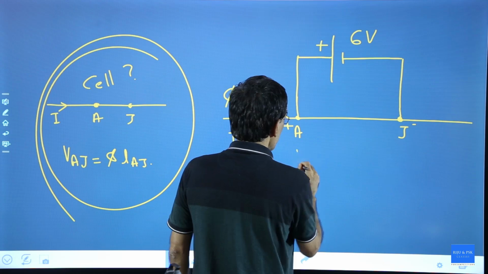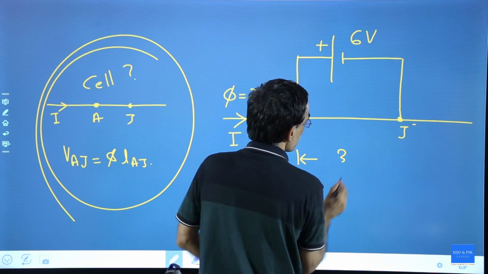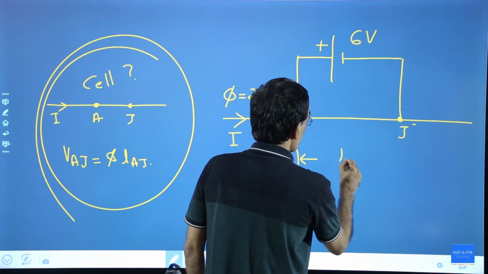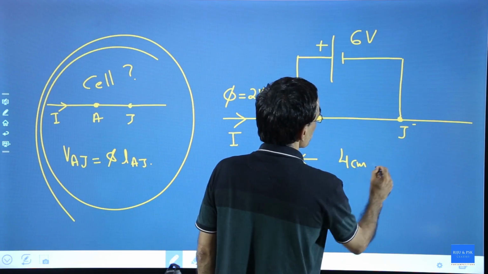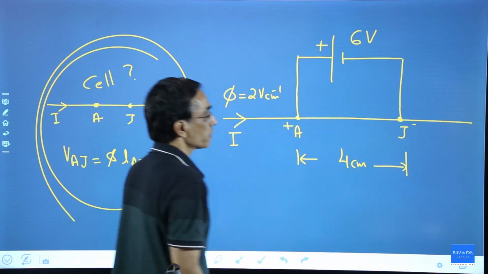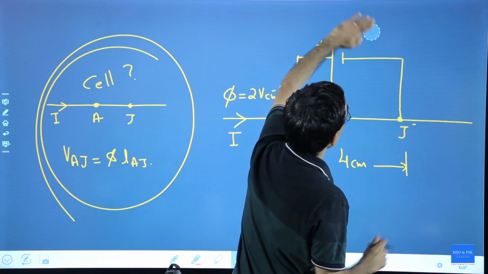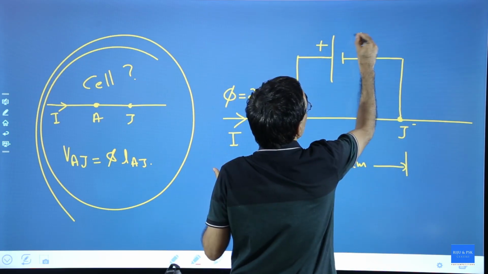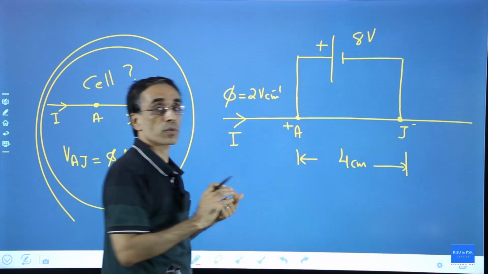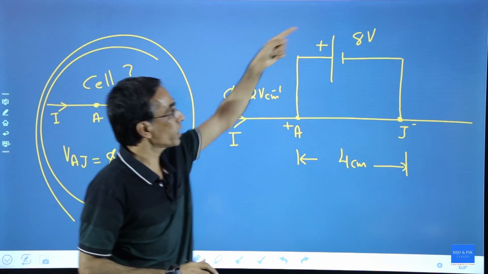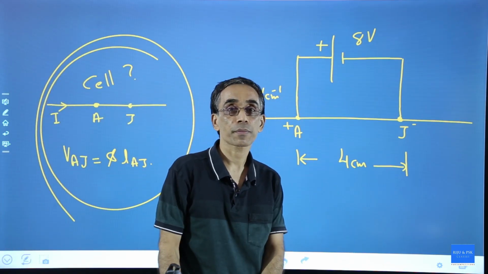Assume that this distance is 4 centimeter. I will change this to 8 volt, does not make any difference. Okay, 8 volt, and this is 4 centimeter.